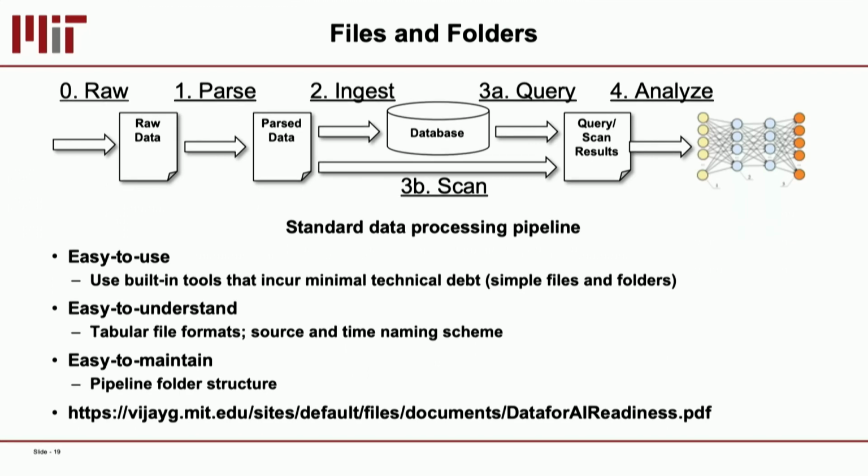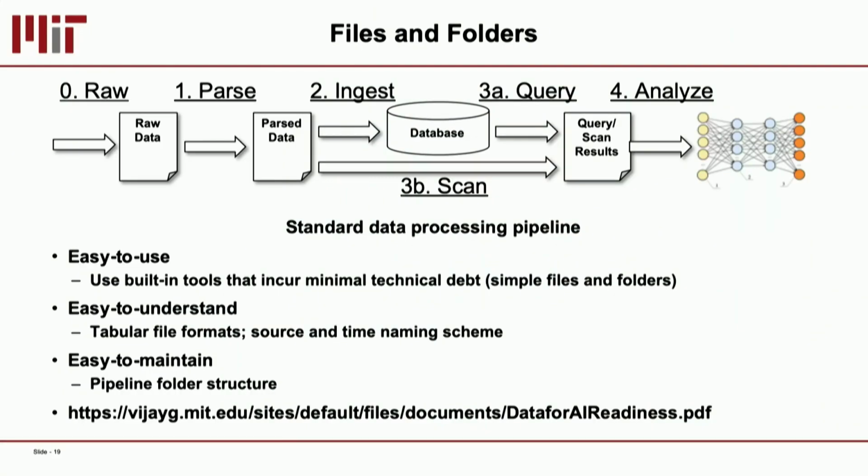That is, you never have to worry that in 10 years, oh my God, folders and files are going to go away. They've been around for 50 years in pretty much their present form. We don't anticipate them changing. They're easier to understand. I already talked about tabular file formats and how useful they are. And we will talk about a simple naming scheme for your data files.